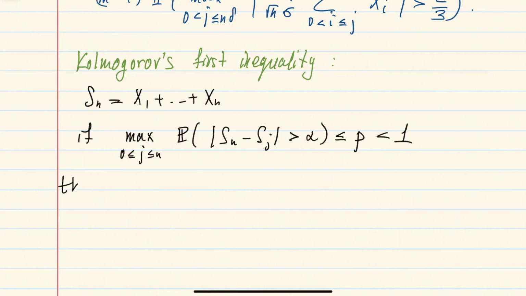then you can control the probability for the maximum of the partial sums.